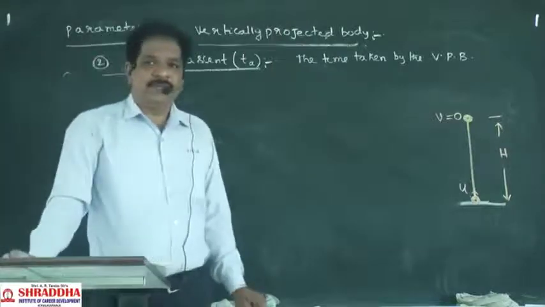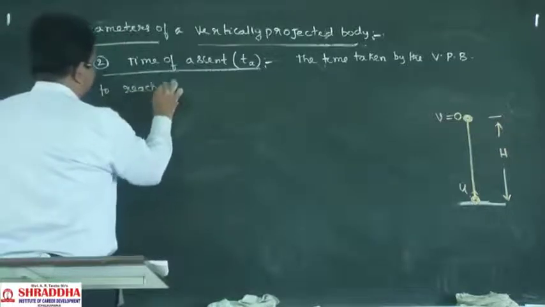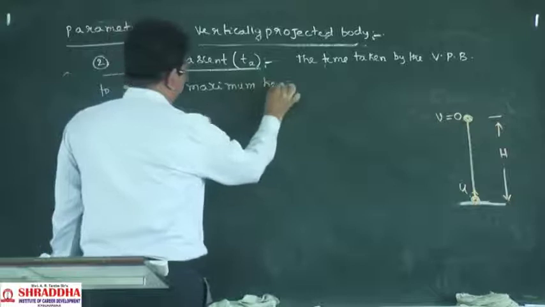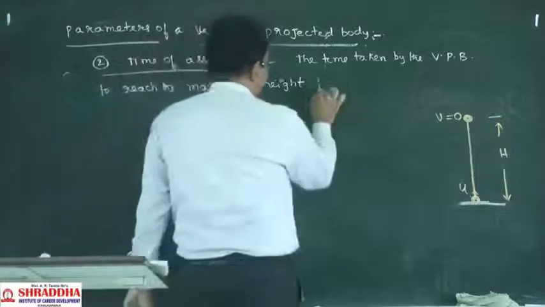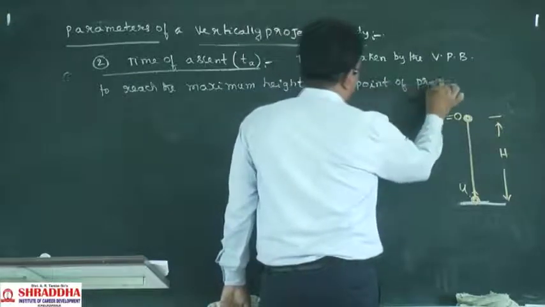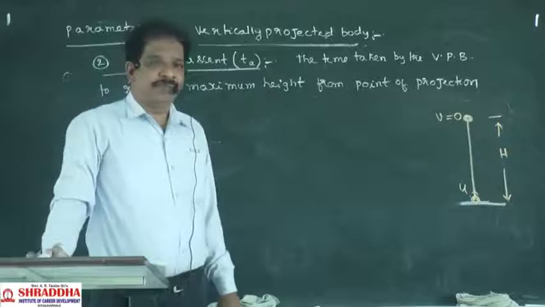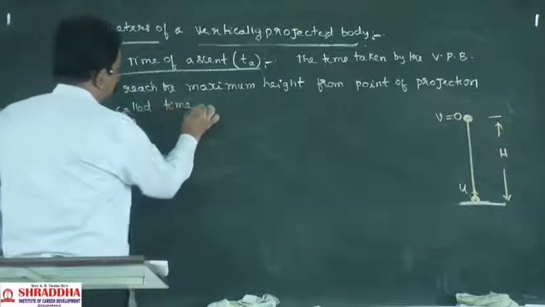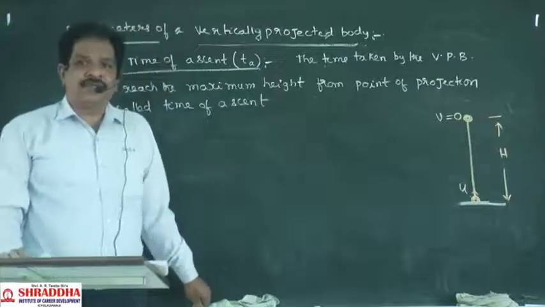The time taken by the vertically projected body to reach the maximum height from the point of projection is called the time of ascent.